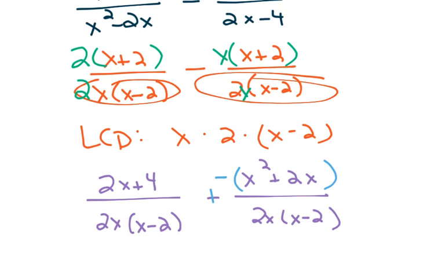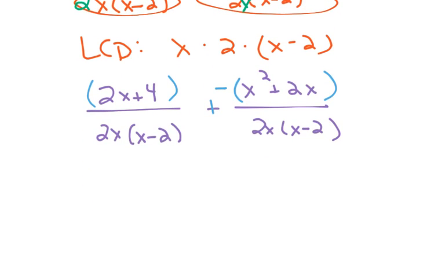But you're going to have to distribute that negative to everything in the second numerator polynomial. If you kind of ignore the denominators for a second, it's the same thing as subtracting those two polynomials. And when we subtract polynomials, you have to distribute the negative to the second polynomial.